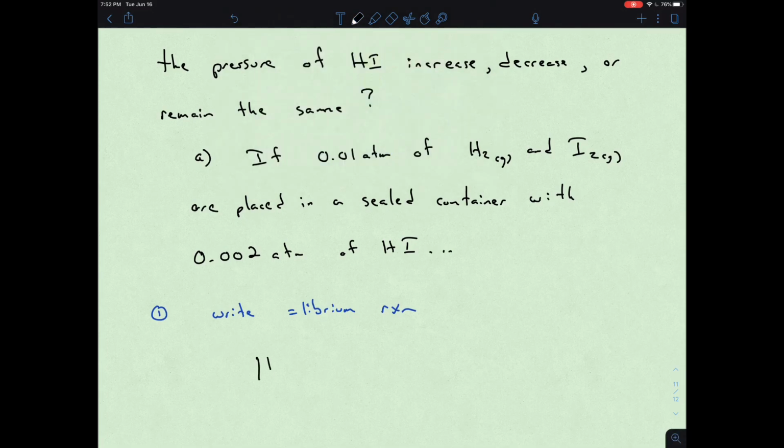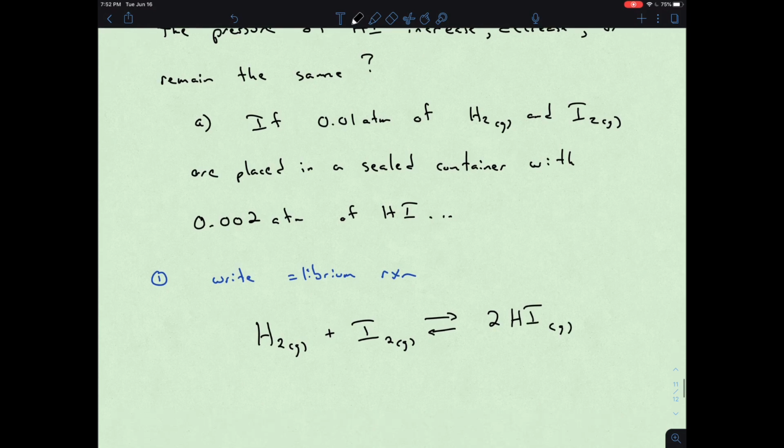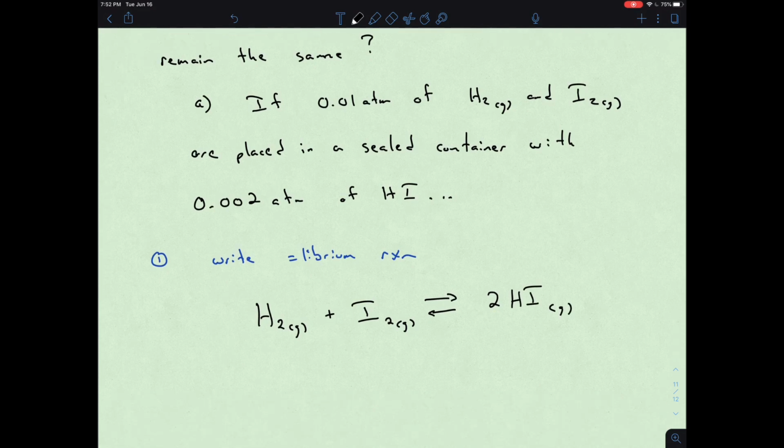So we have our reaction shown here. So hydrogen plus iodine gets you 2 HI. Hope you caught that joke. If not, rewind. Definitely chemicals can do that, get you 2 high.